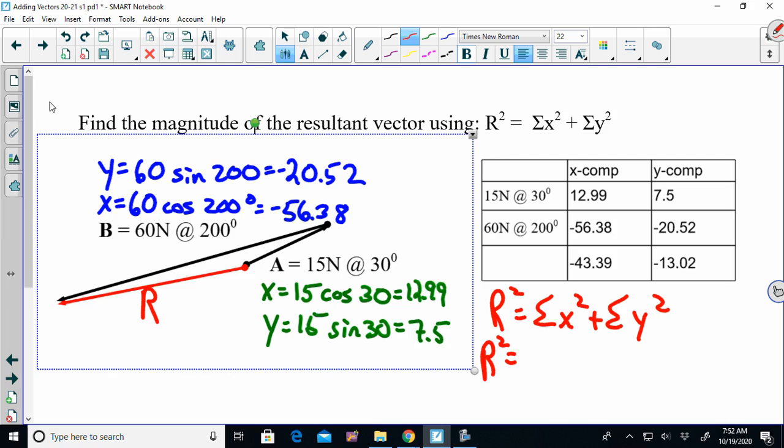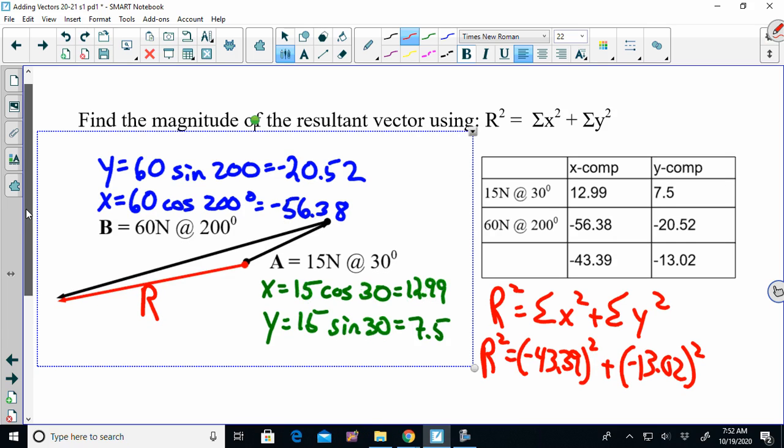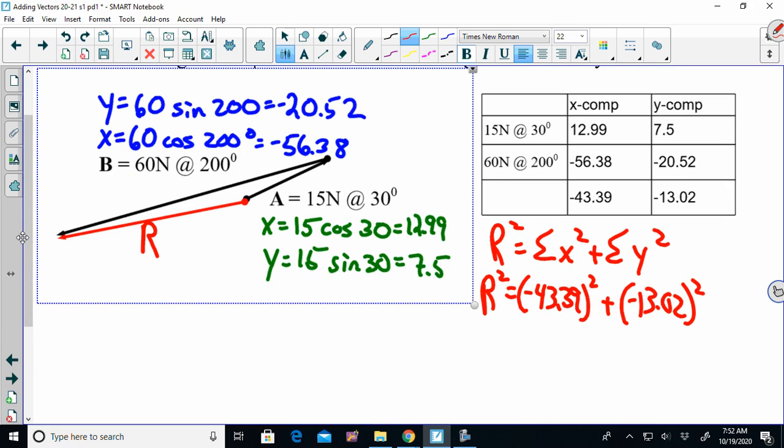My total x is negative 43.39 squared. My total y, negative 13.02 squared, right? Because the x components and the y components are perpendicular, just like we did the other day, Thursday and Friday, I can use the Pythagorean theorem to find that total.